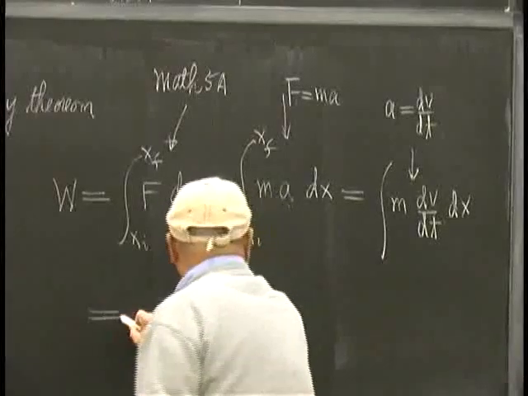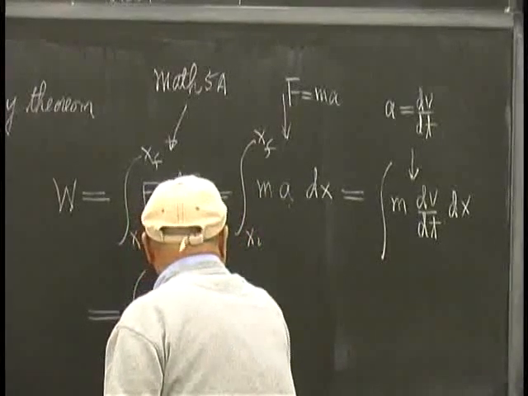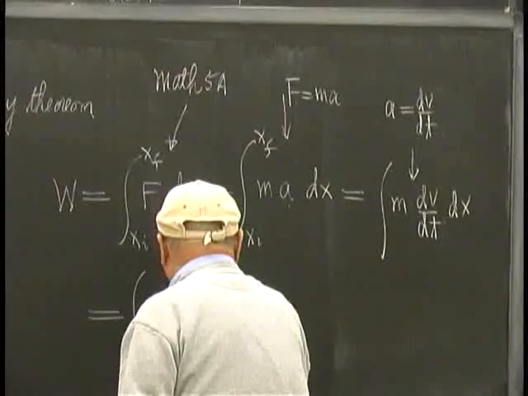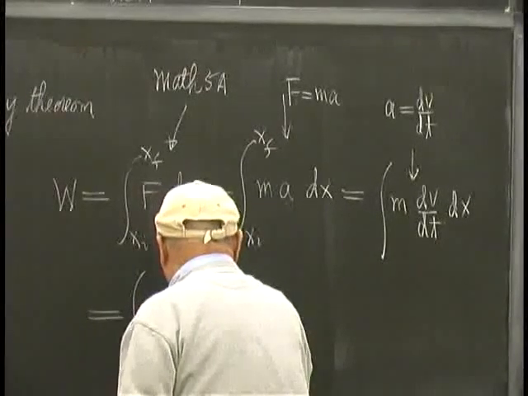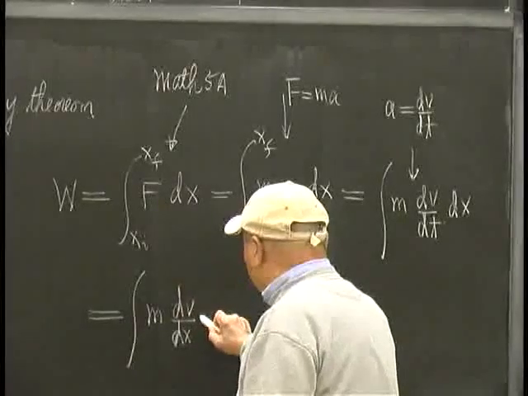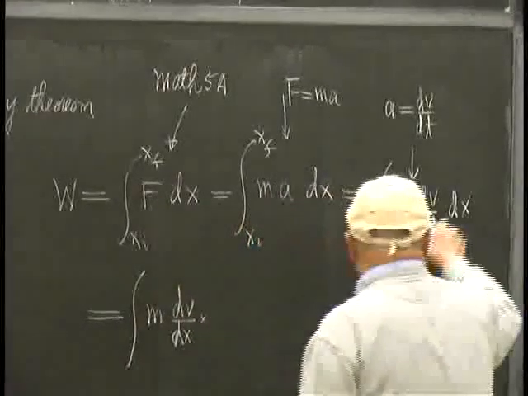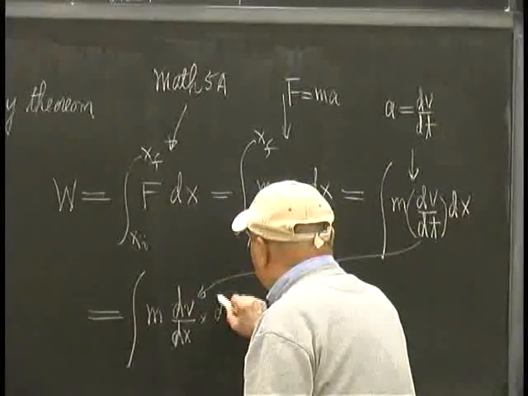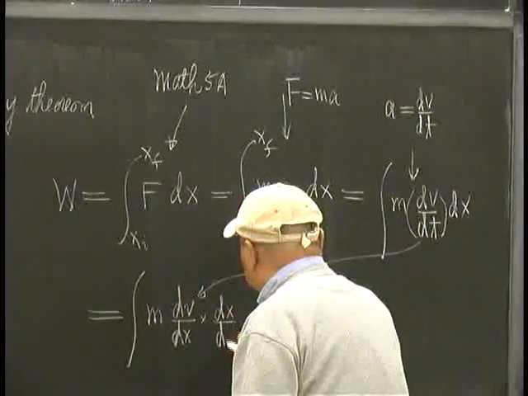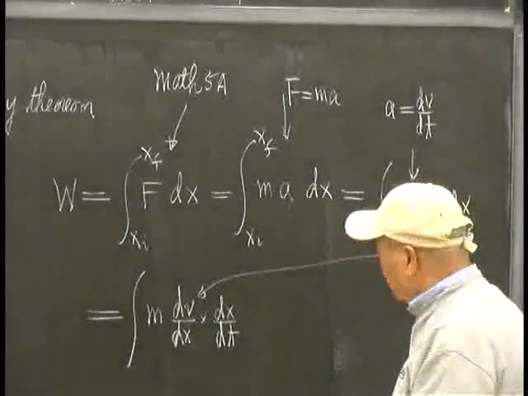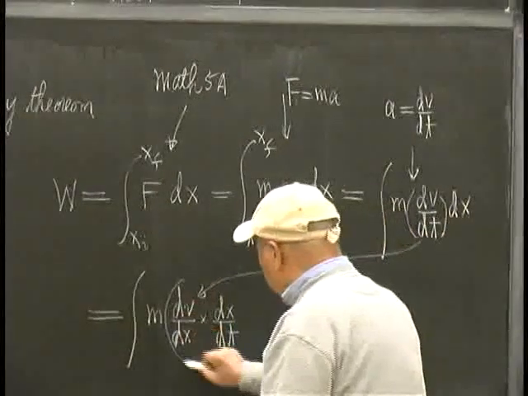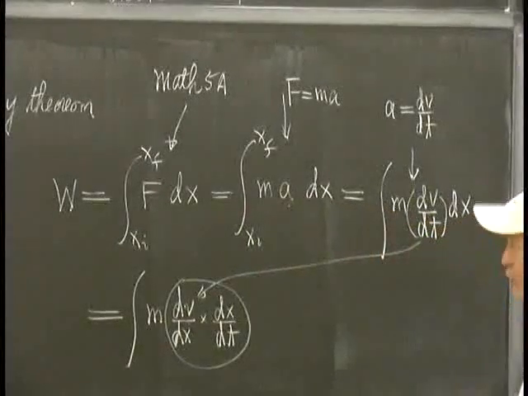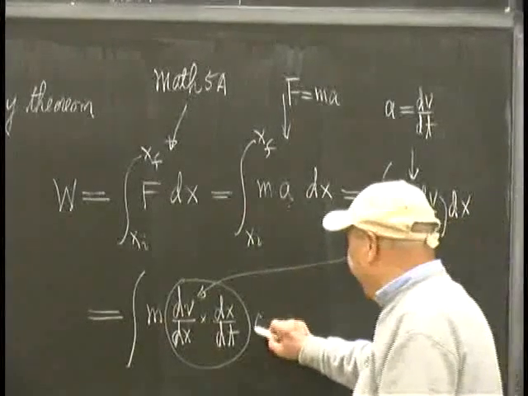So integration of m dv/dt dx. We can write down m, and this portion we can write down as dv/dx and dx/dt. Okay, all this is equal to dv/dt, called calculus.